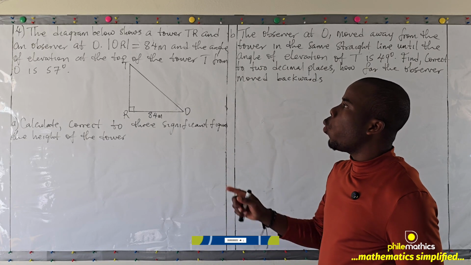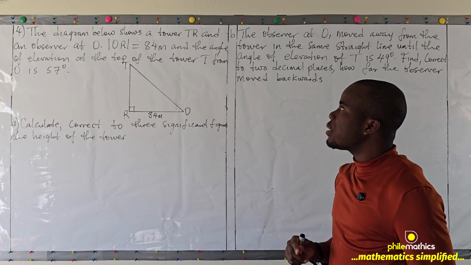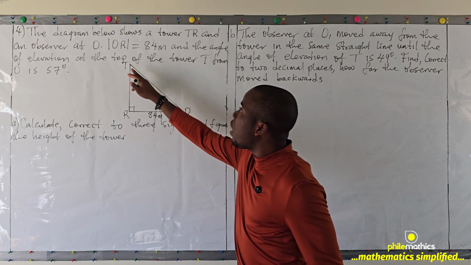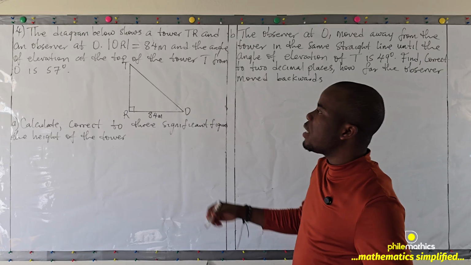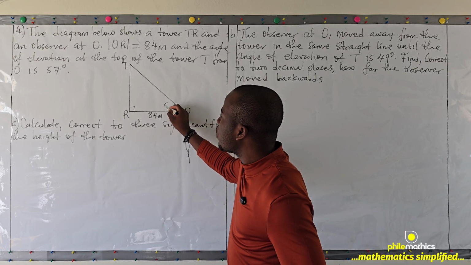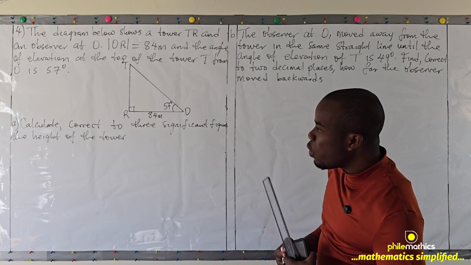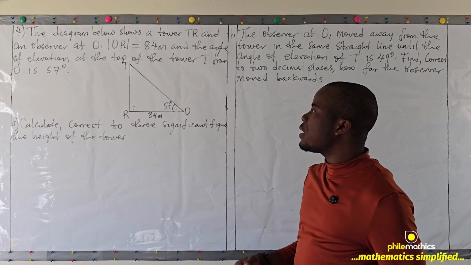For question 4 of WAEC 2025 theory mathematics, it says the diagram below shows a tower TR and an observer at O, and the length of OR is 84 meters, and the angle of elevation of the top of the tower T from O is 57 degrees. So here it's 57. The first question says calculate correct to three significant figures the height of the tower.